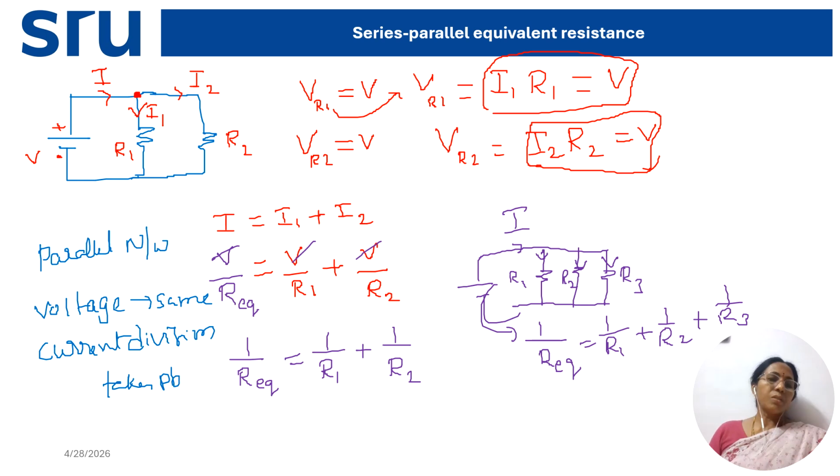The opposite, in series: same current, voltage division. In parallel: same voltage but current division takes place. So, this is about parallel network.